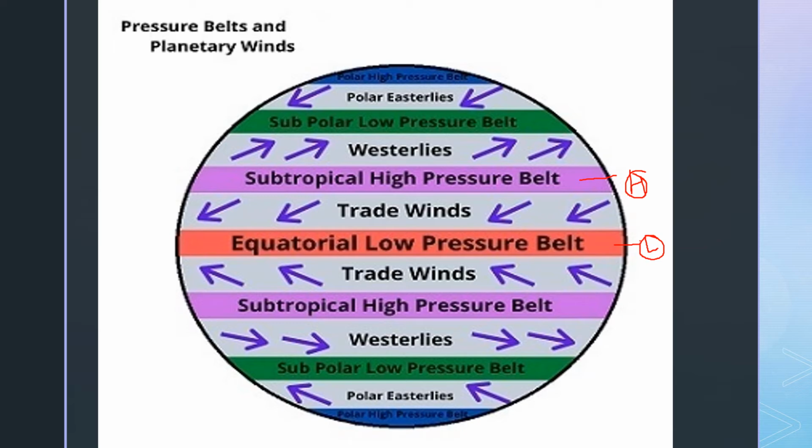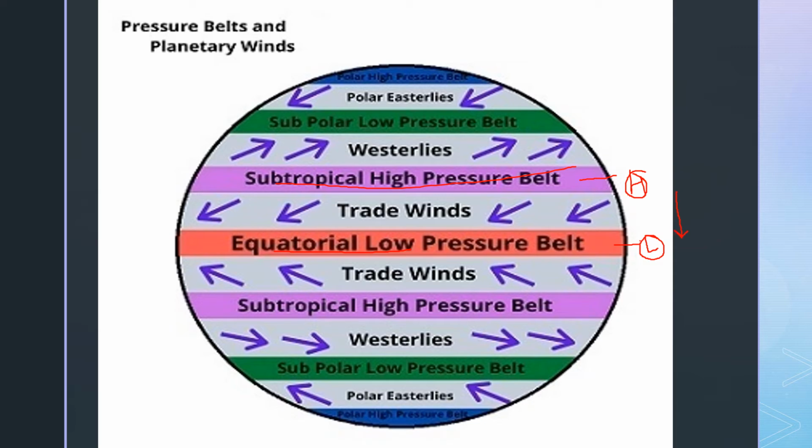Normally, pressure gradient force will exist wherever we can find some pressure difference. As we can see here, the subtropical high pressure belt is here and the equatorial low pressure belt is here. Pressure difference is existing here. That's why the direction of the pressure gradient force will be like this, from high pressure to low pressure region.